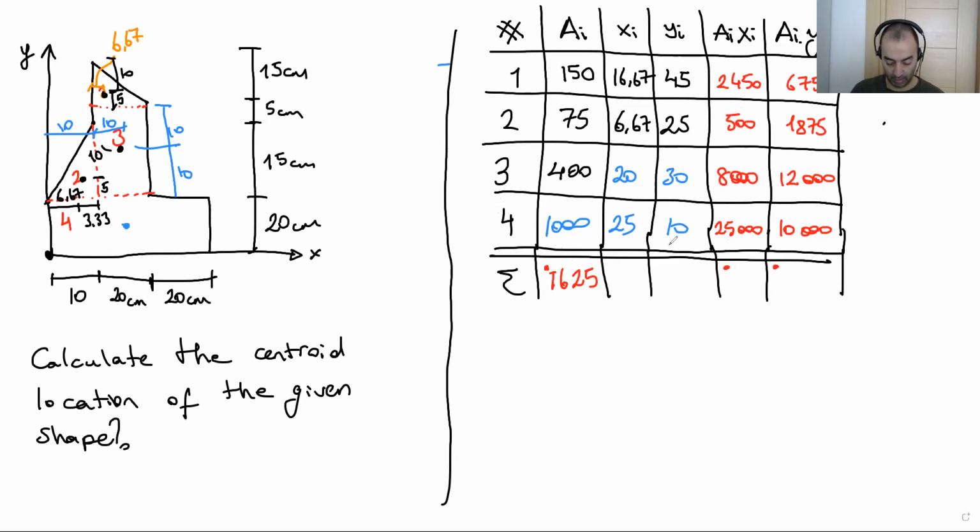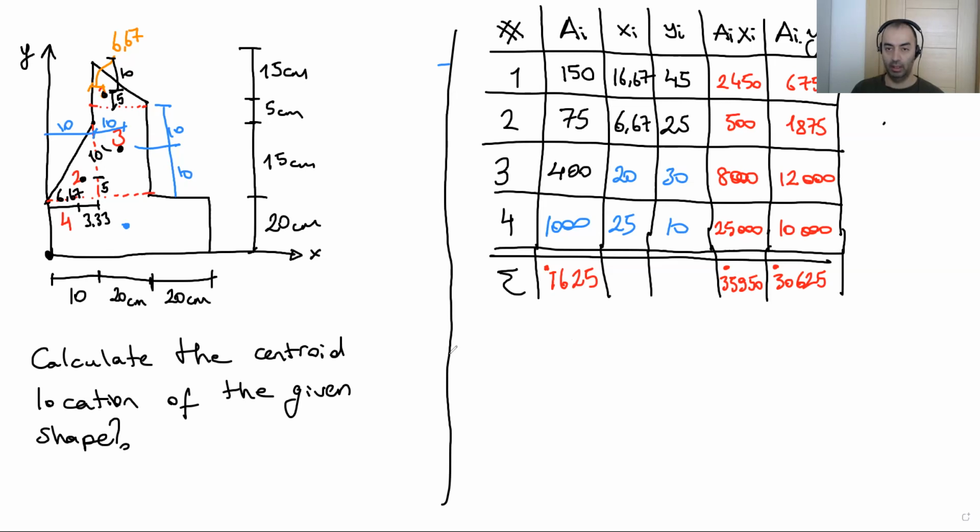It gives us, and for this one, it's, okay. Now we complete all the boxes in the table.